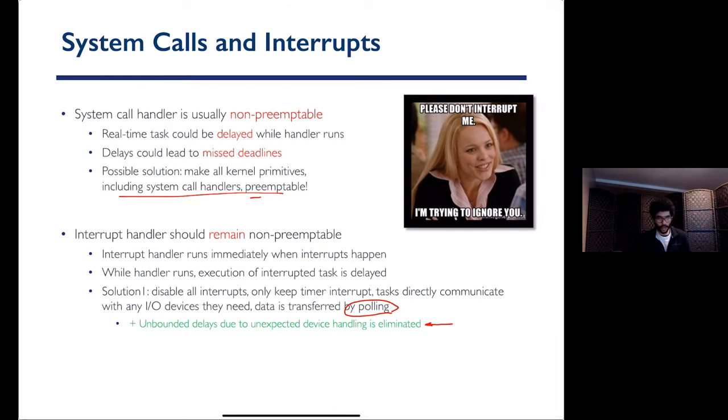Now you're not doing any interrupt handling, so you don't have to deal with that issue. But another good thing about this is when you're communicating with your I/O devices or with any actuator that you have in your system, everything is predictable because the CPU is communicating with them, right?